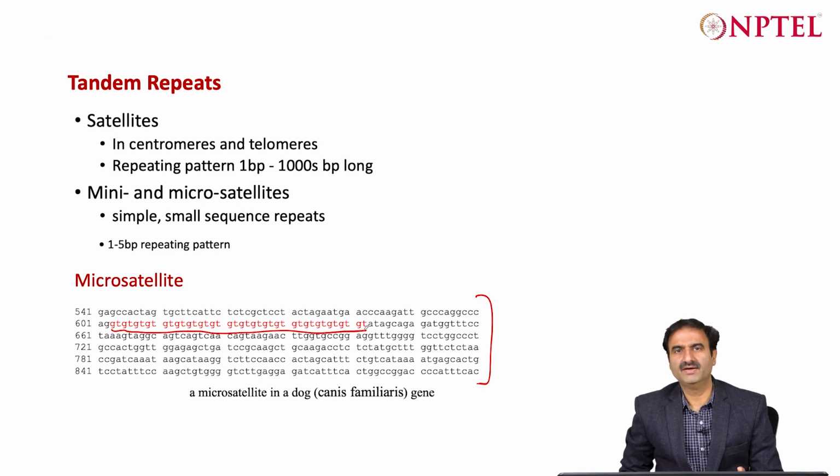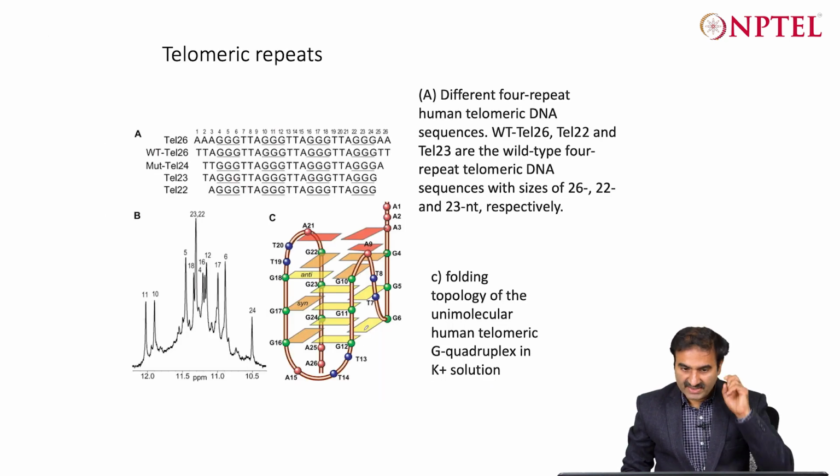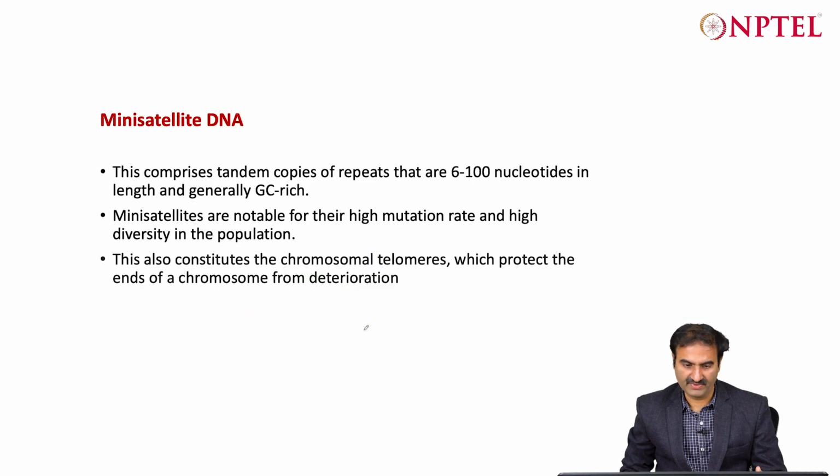So they may not cause that much problem in sequencing, but still for short reads they may cause some problems. Then there are telomeric repeats which are at the ends of the chromosome, and when you are doing telomere to telomere sequencing, as the term says, it's a complex task, and that is why the human genome also took a lot of time in deciphering these kinds of repeats.